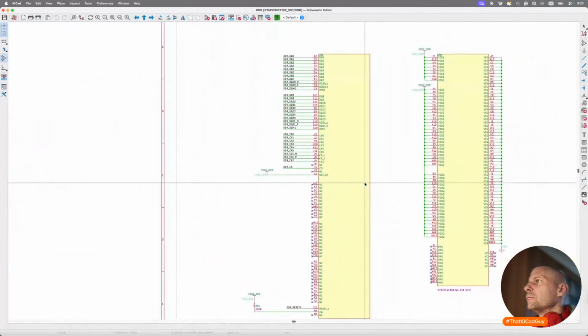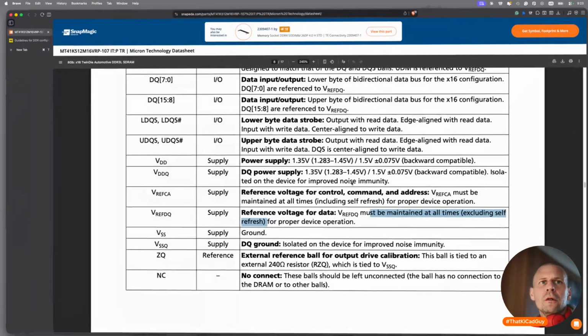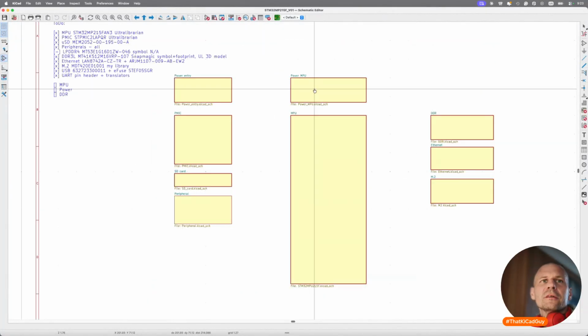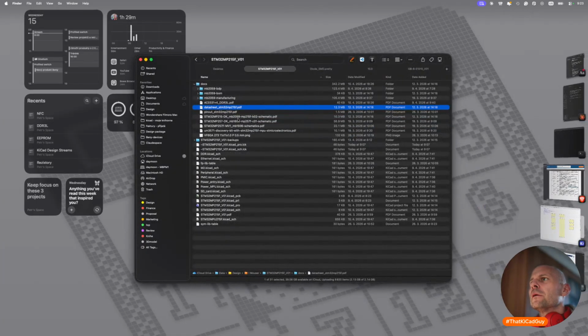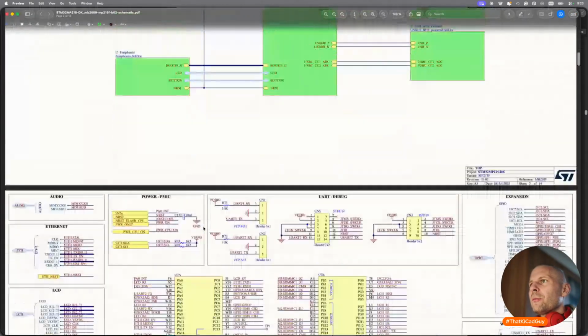The original reference design used DDR1 and DDR2. So let's check what they used. In the reference design, it's in the power block.